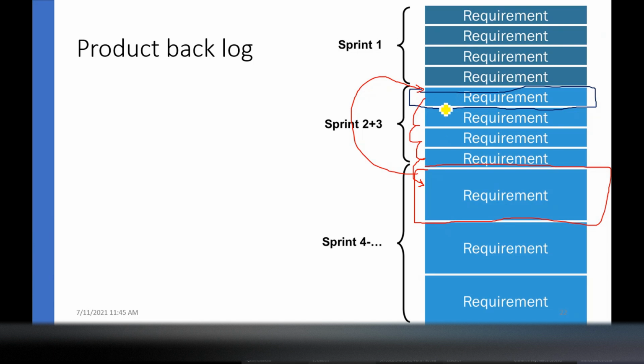Now this requirement is not required any further. After delivering these requirements, you have realized the product would not require these requirements. What you can do is move this up to here, this to here, this to here, and another sprint's requirement would move to the next sprint.